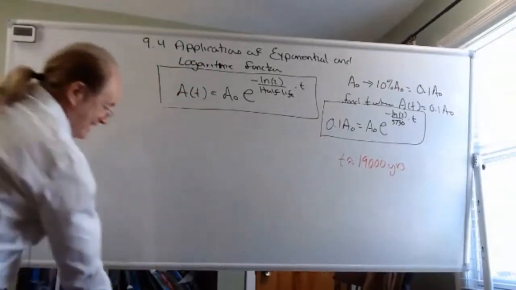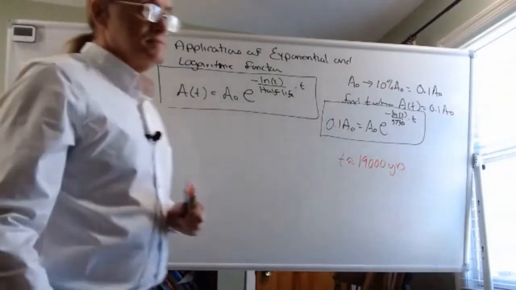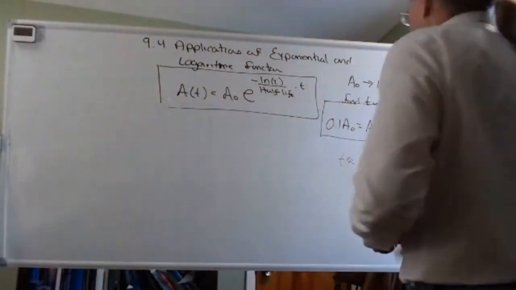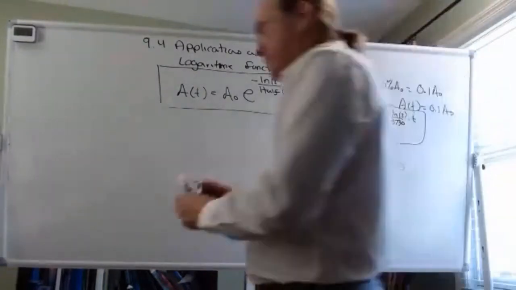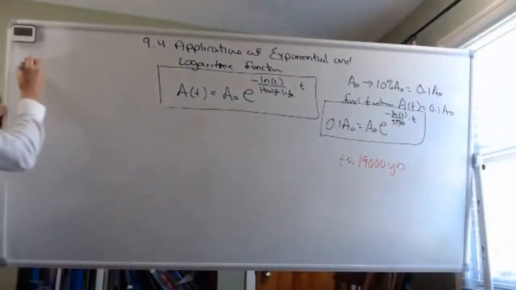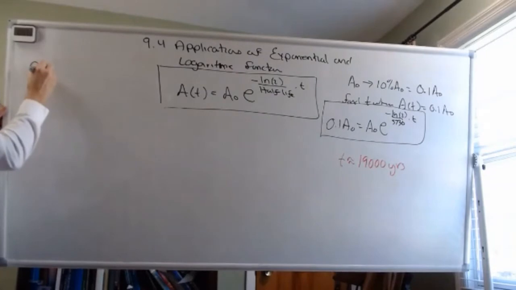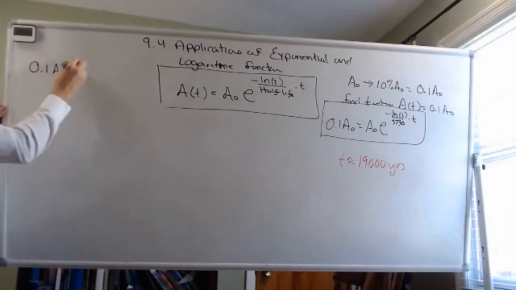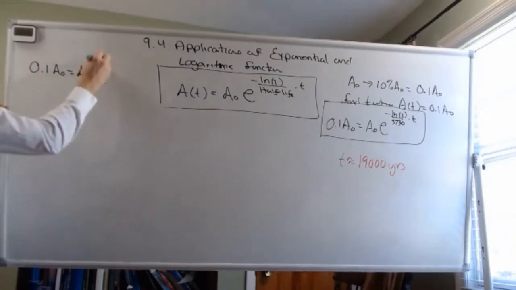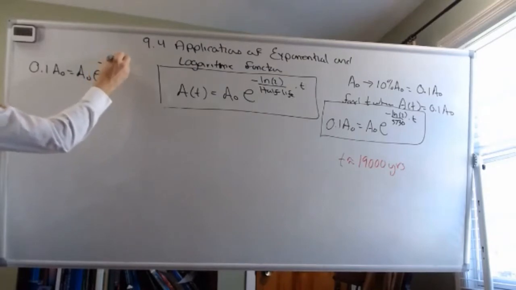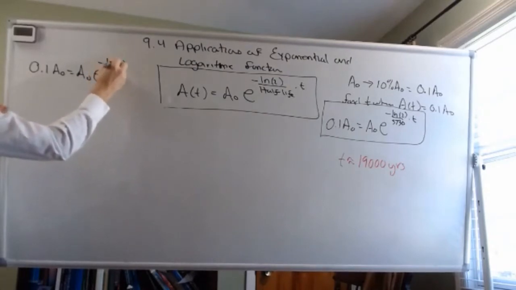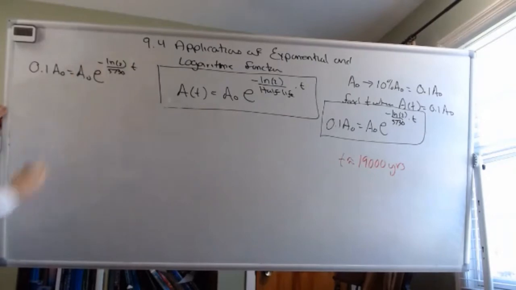Okay, does anyone want to see how I got that number? How did I solve that equation? This is what I'm going to start with: 0.1 A0 equals A0 e to the minus natural log of 2 over 5,730 times t.